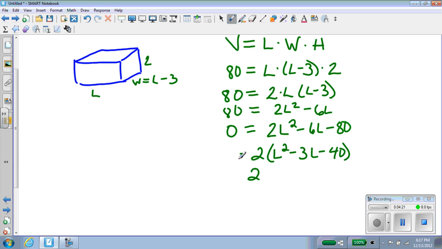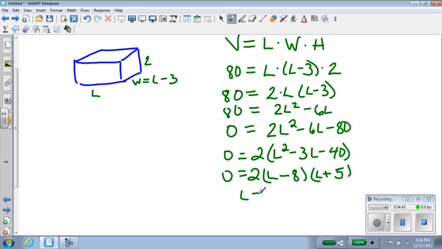Now L times L. I'm thinking 8 times 5 is 40. And if the 8 is negative and the 5 is positive, then we get a negative 3L. So 2 equals 0 doesn't make any sense.